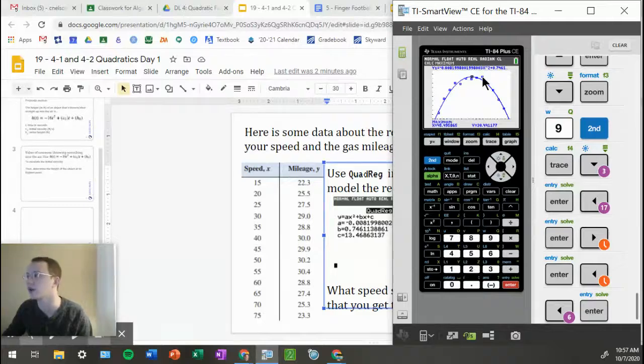It works really well if the data is shaped like this or upside down like this. Okay. I will be asking you to find like a maximum value or a maximum height given some data like this at other times this unit. So that's kind of how you're going to be going at these problems. That's it.